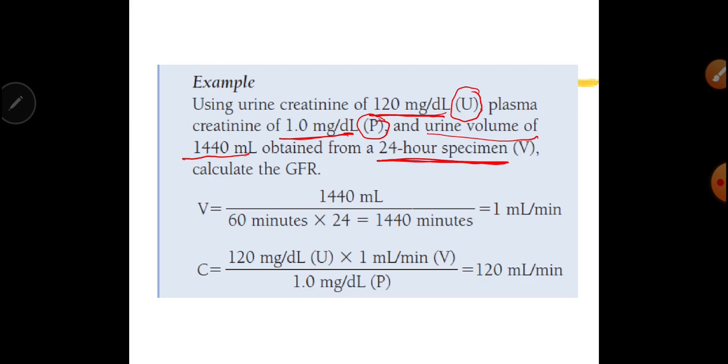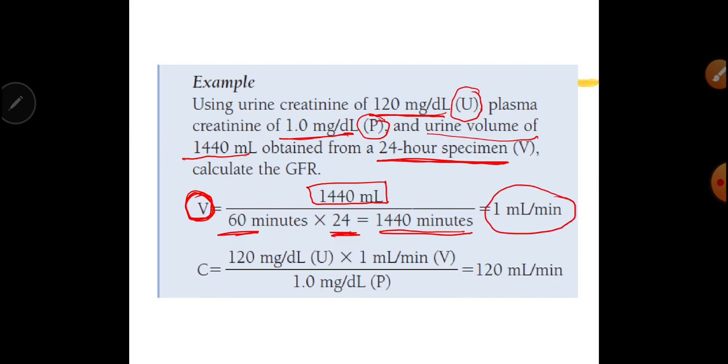The first step to calculate the creatinine clearance and to evaluate the function of the glomerulus is the calculation of volume. Calculation of volume is done by dividing the total volume of urine by 24 hours. Now we have to convert hours to minutes by multiplying hours by 60, and we will have 1440 minutes, and this is equal to 1 ml per minute.